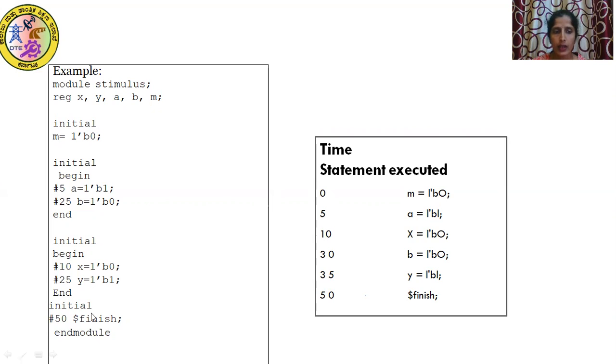And here the example ends with the keyword endmodule. So this is how the statements within the initial block will be executed with respect to the delay associated with the statements. If no delay is associated with the statements, then all the statements will be executed at the 0th instant of time.